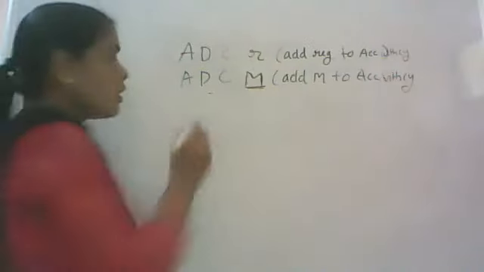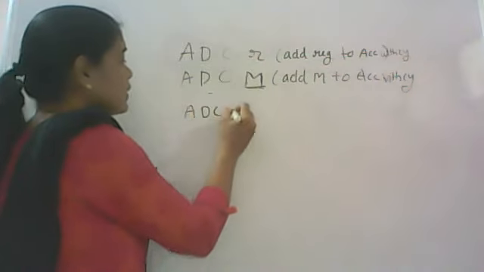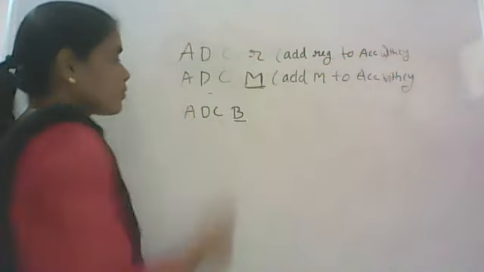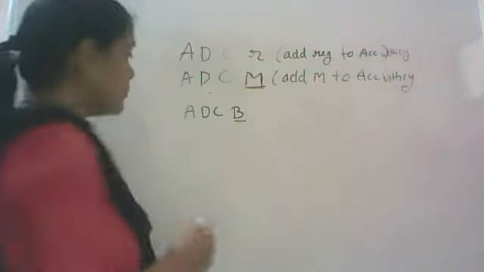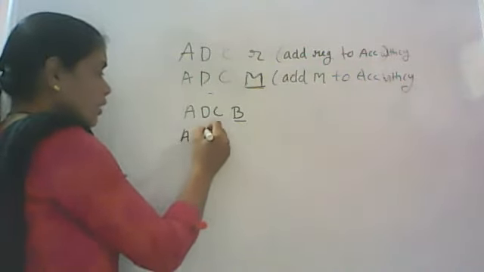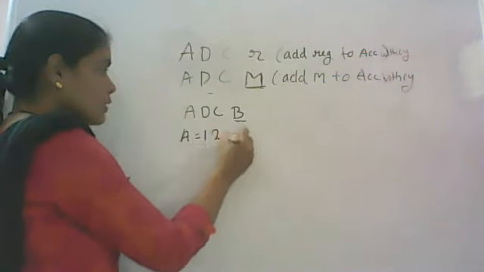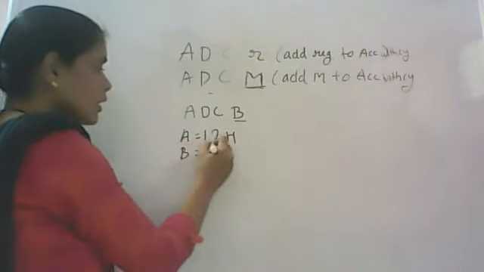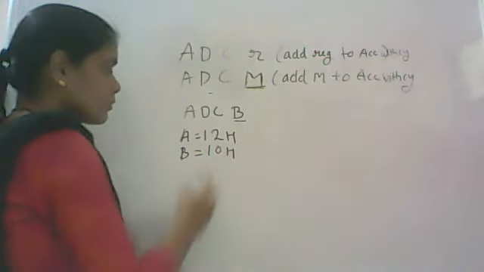For example, ADC B, ADC B. Before execution, accumulator contains 12 hex and register B contains 10 hex.